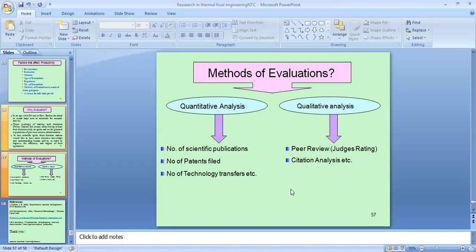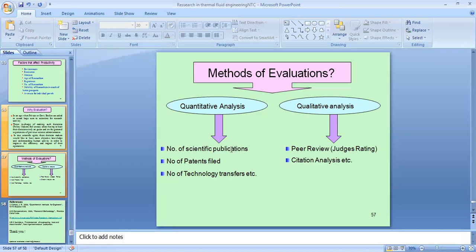When people think that research is something where we go on thinking and thinking and there is no particular outcome, it is not like that. There is a way to assess and evaluate the performance of a scientist or researcher.